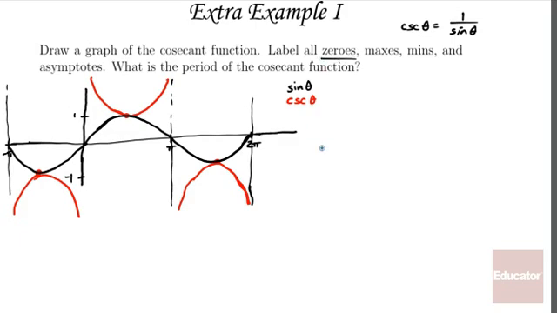Cosecant theta never crosses the x-axis, so it has no zeros. So there are no zeros to label there. Maxes and mins, it has local mins at the bottom of each of these u's. This is at pi over 2 and 1, that's a local min.